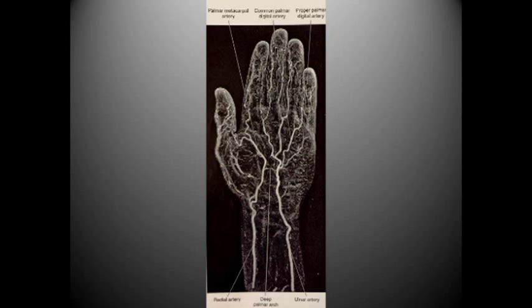And here we have the artery systems that supply the hand. Notice we have the radial artery coming in, and the ulnar artery, and how they supply the hands and the fingers.